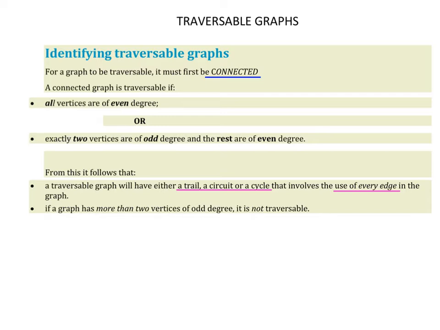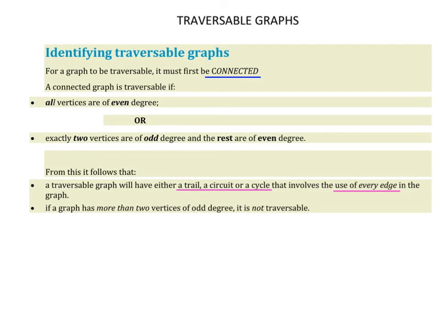So here are two ways we can set about working out whether or not our connected graph is traversable. Here's the first one. The first criteria is that all of the vertices are of even degree. So 2, 4, 6, and so on.